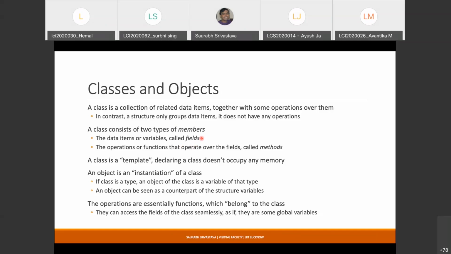But the difference between a class and a structure at a very core level is that a class allows you to write functions as well within the boundary of the class, whereas a structure doesn't. A structure is a place where you simply declare variables. There are only member variables, no functions or operations defined over it.